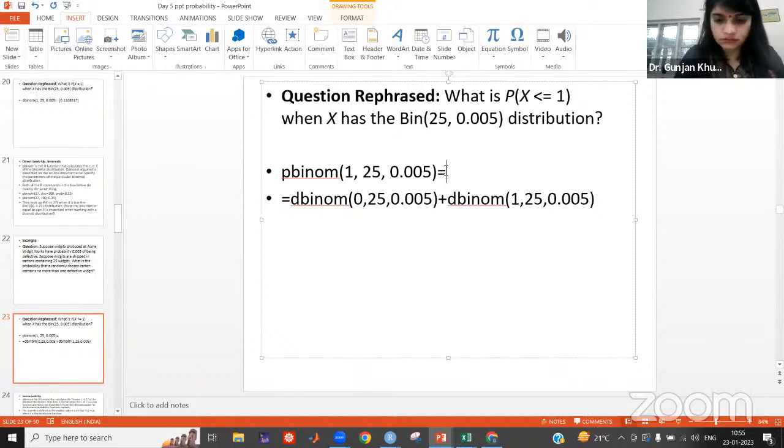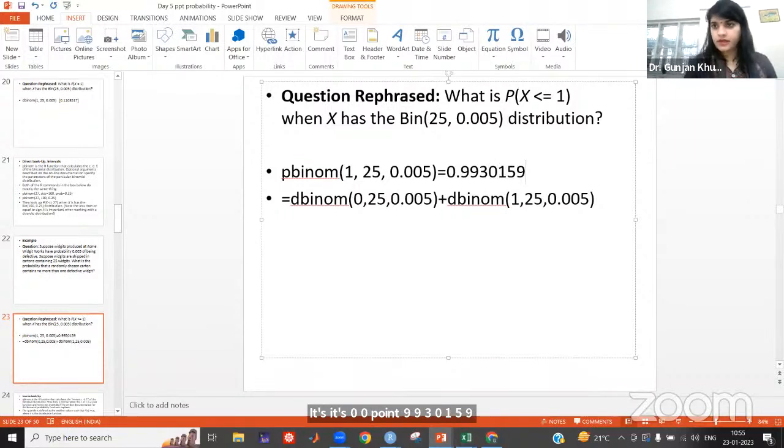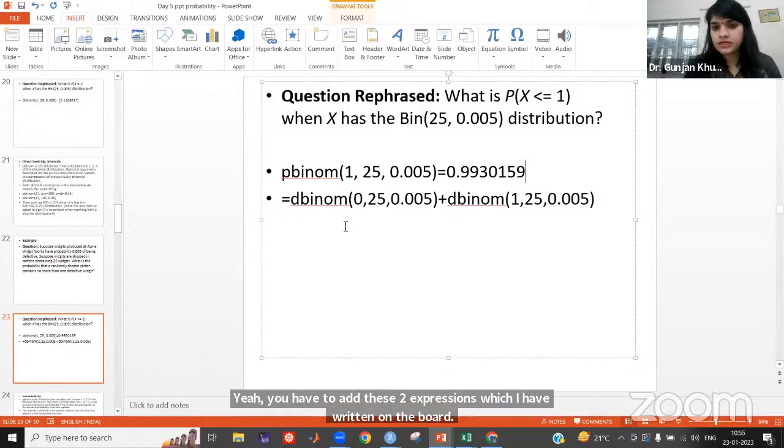It's 0.9930159. Okay, have I written it right? Yes. Anjali, can you verify it by using the d function also? You have to add the 0 and 1 expressions which I have written on the board. Can you see that on my slide? Does it verify?